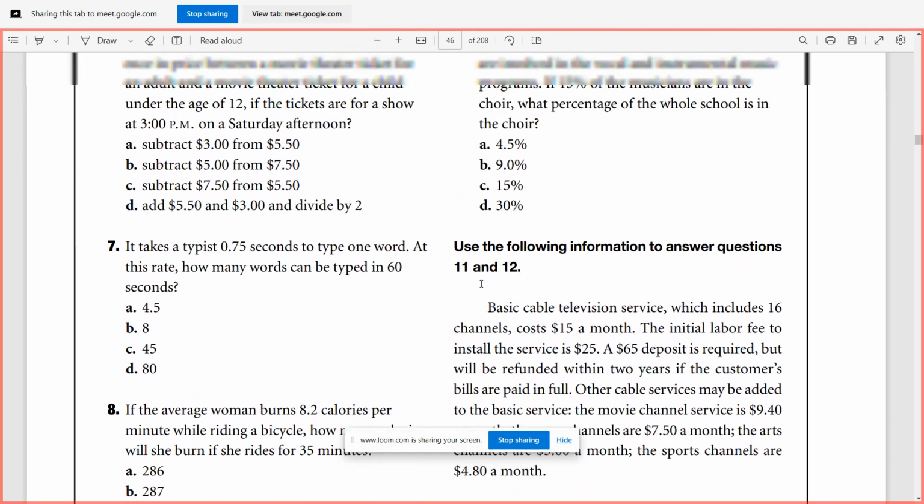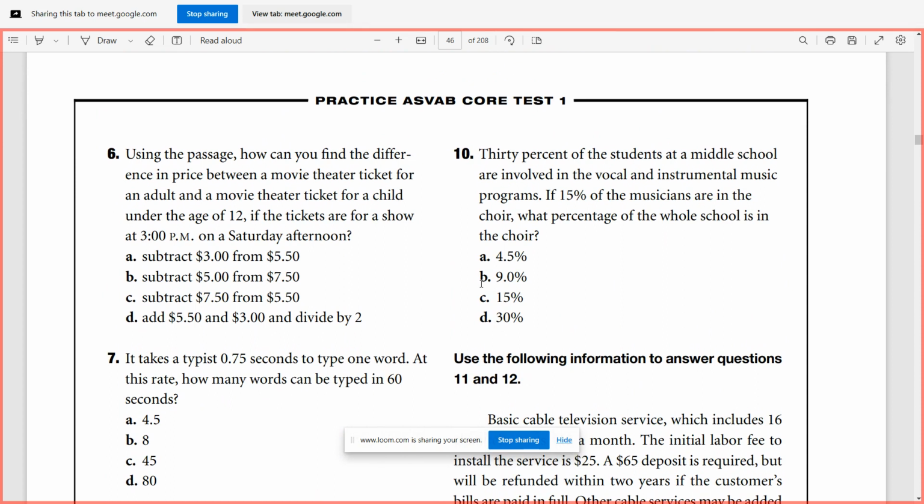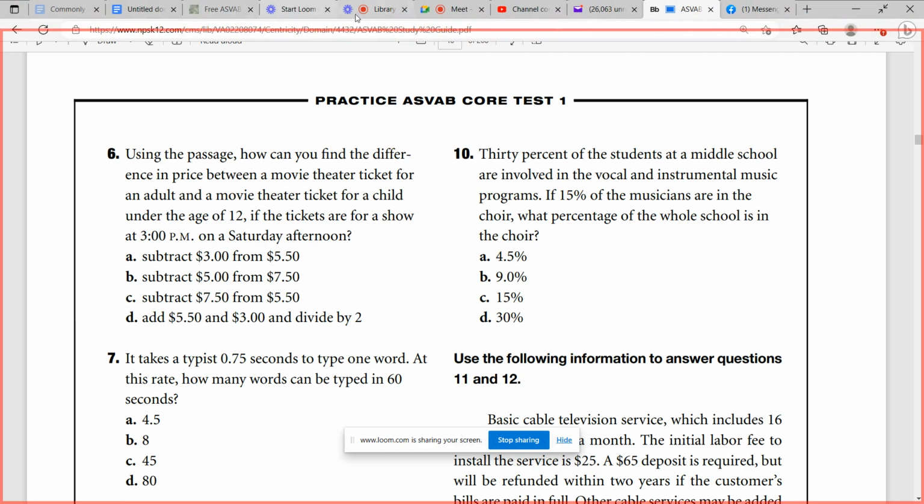And then we will look down here and it says, how do we find the difference in the price between that movie theater ticket for the adult and for the child? So we're just going to take our 5.50 and subtract 3. Another way to look at that would be to subtract $3 from 5.50. So number 6, our answer should be A.